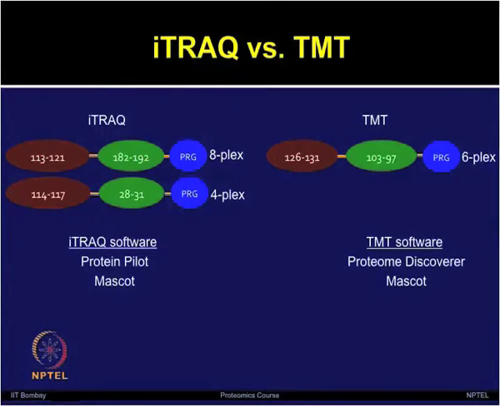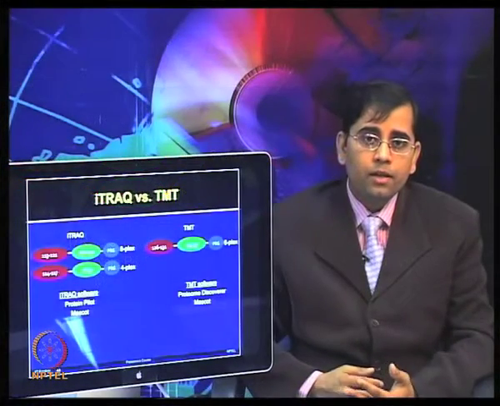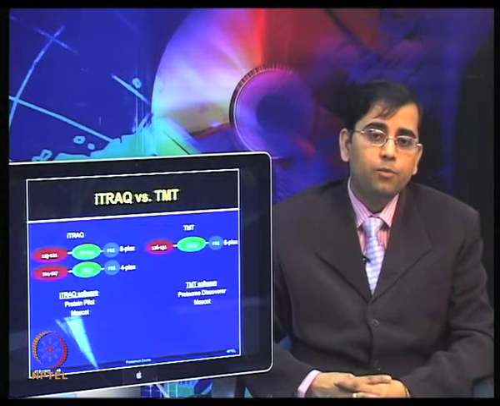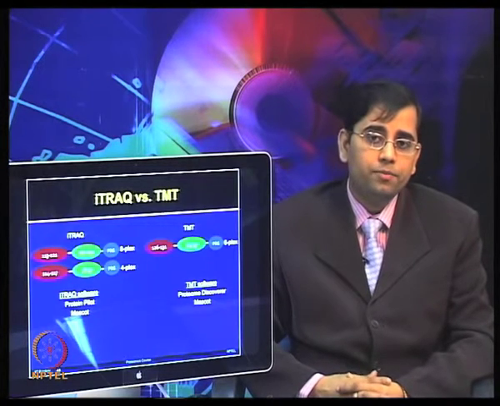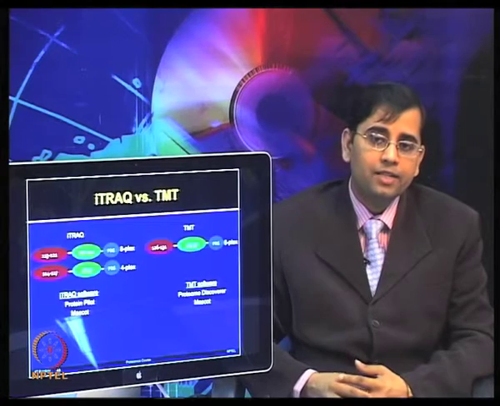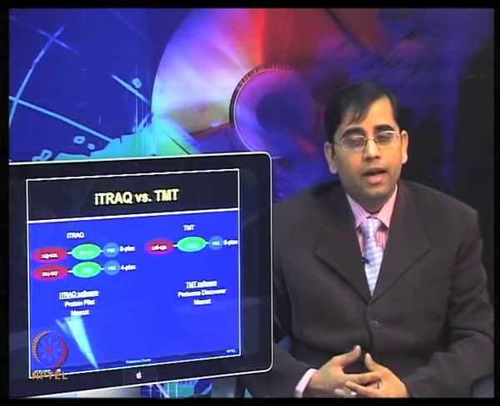In case of TMT, the reporter groups have 126 to 132 Daltons and the balancer consists of 97 to 103. So, the tags are quite similar in the overall structure. The iTRAQ analysis can be performed by using software such as Protein Pilot and also Mascot. The TMT based analysis can be performed with software such as Proteome Discoverer and Mascot.